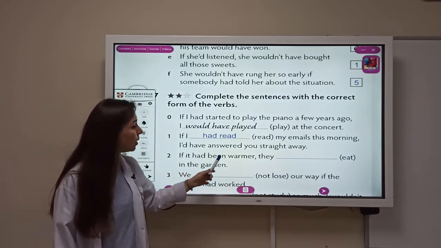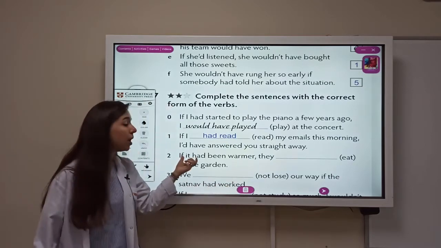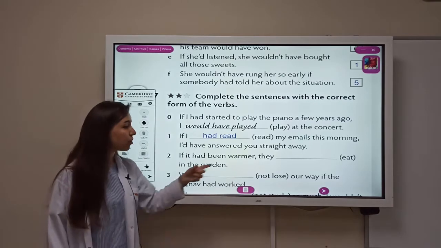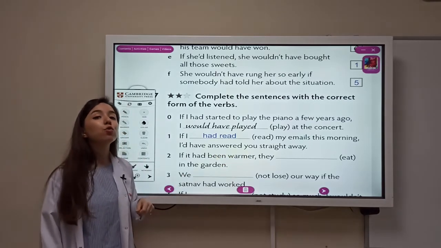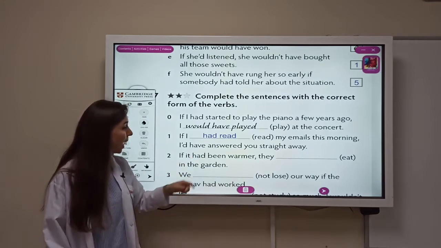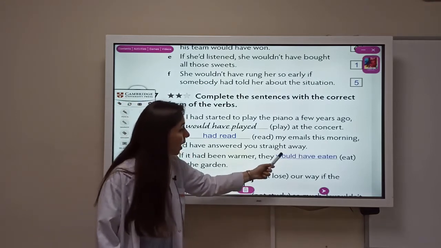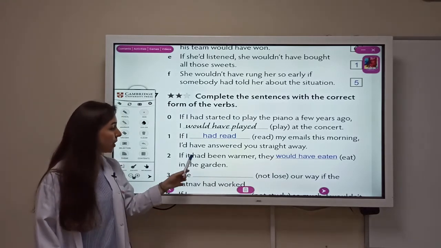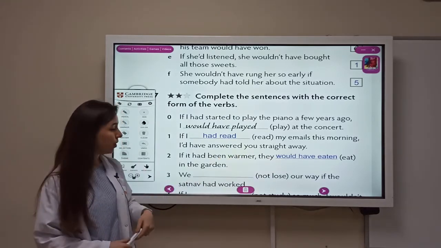If it had been a warmer day, look at here, the sentence starts with the if clause, yes? If plus past perfect. So here we need to use would plus have plus the past participle form of the verb. If it had been warmer, they would have eaten it in the garden. If it had been warmer, they would have eaten.